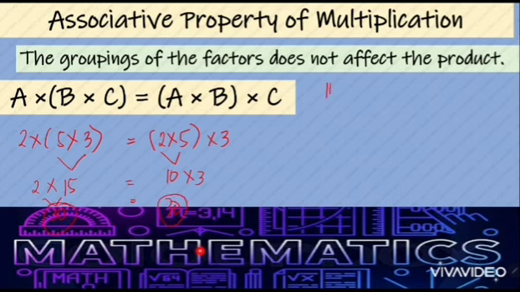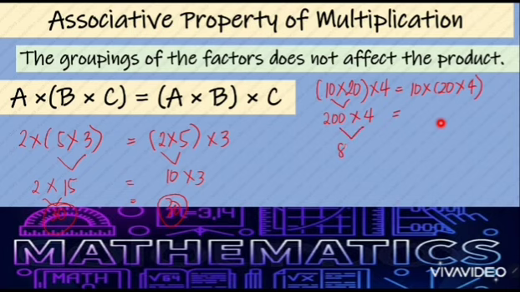Okay, another example, we have 10 times 20 times 4. So, kapag nagpalit sila ng kagrupo, magiging 10 times 20 times 4, they will still have the same answer. Let's check. 10 times 20 is equal to 200 times 4. 200 times 4 is equal to 800.